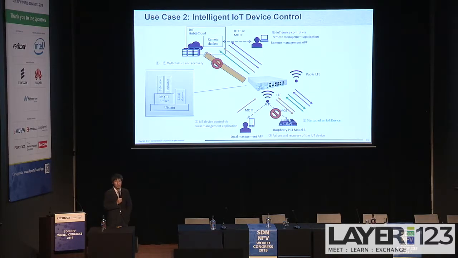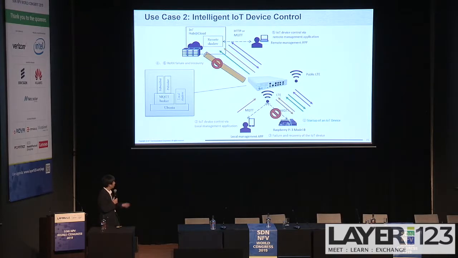So we implemented a kind of device shadow function in our UCP so that the device shadow will manage the status of the IoT device. When the IoT device is up, it will synchronize with the UCP box and get the latest status. So it can just follow the orders from the UCP to configure its own state.